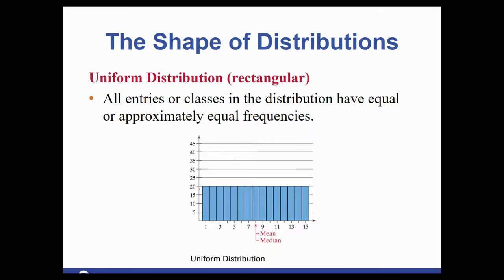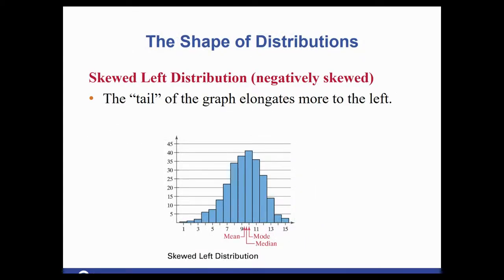So you would have like 20 of number 1, 20 of number 2, 20 of number 3. It gives you this nice flat line. And if you don't have a flat line, then it's not uniform. Uniform is truly this flat line. It is symmetric, and it does come up more frequently with probabilities.